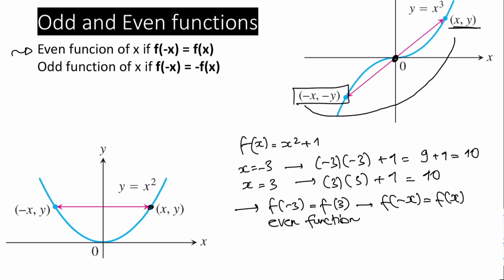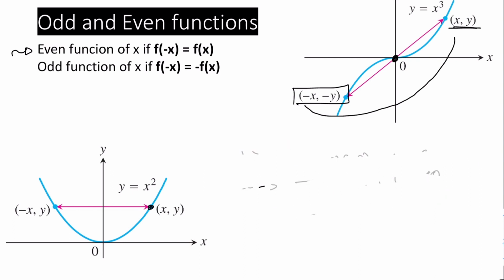Now let's work on another example, which is a simple function, f of x equals x. Let's say I want to know whether it's an even function or an odd function. It's a very trivial example, but let's work it out.